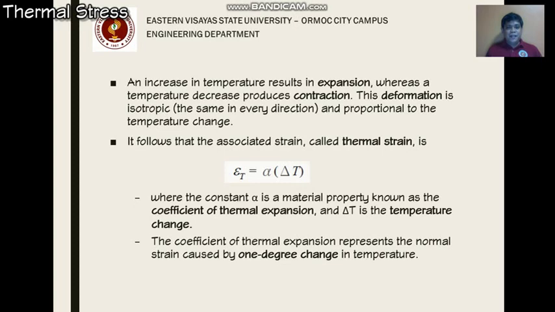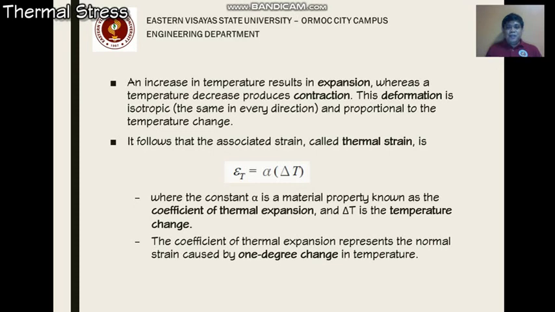Actually, thermal stress is the stress produced from the expansion and the contraction of a particular body when subjected to temperature changes. We all know that an increase in temperature results in expansion, whereas a temperature decrease produces contraction.